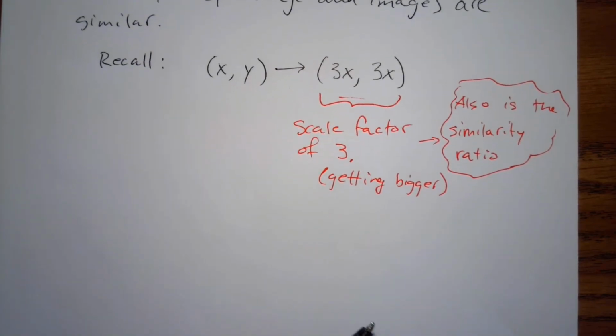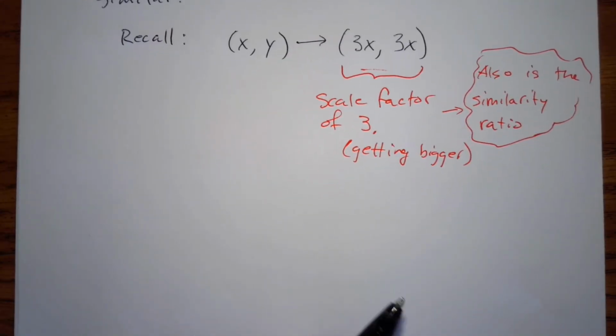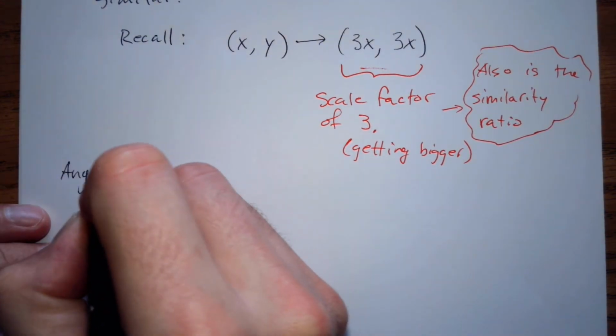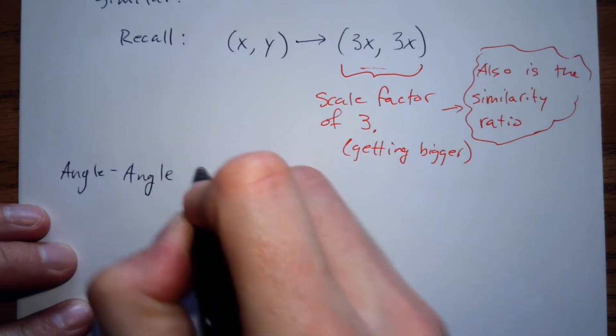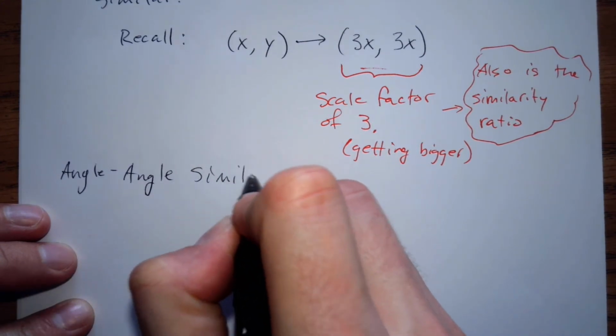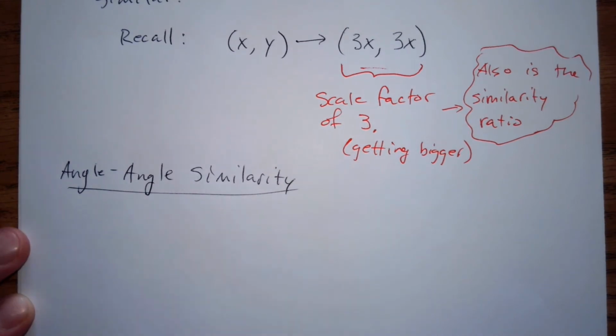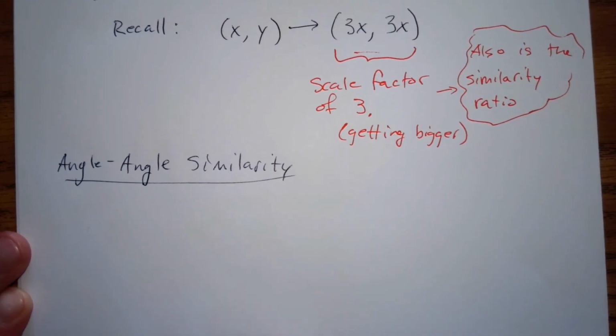Also, this is the angle-angle similarity theorem. If two angles from one triangle are congruent to two angles from another triangle, then they're automatically similar.